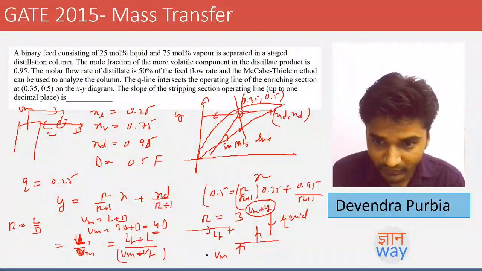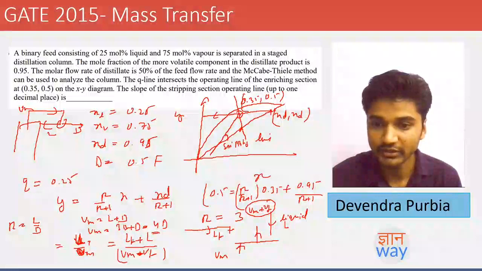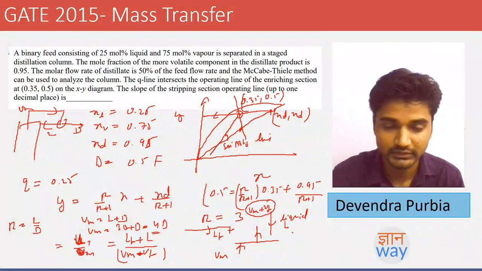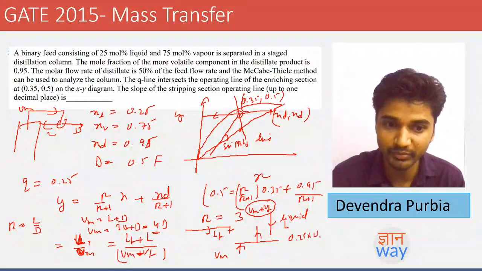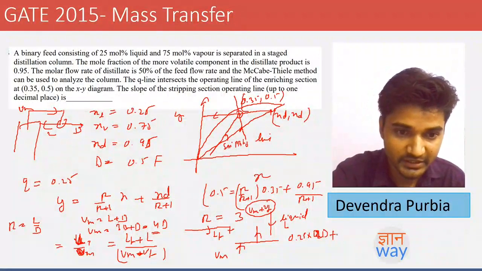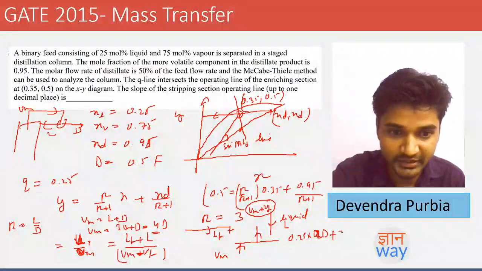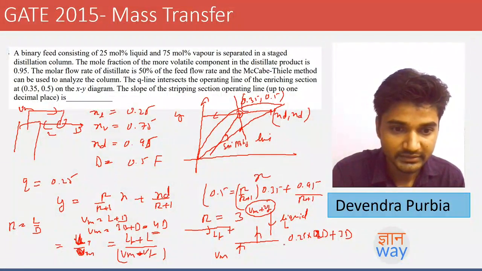Now we know L in terms of D. LF we can denote as the liquid fraction, that is already given as 0.25, of the feed F, and F is given as 0.5 percent of D. It means that it is 2D, plus L, that we have already denoted as 3D, that we calculated from here, divided by Vm.